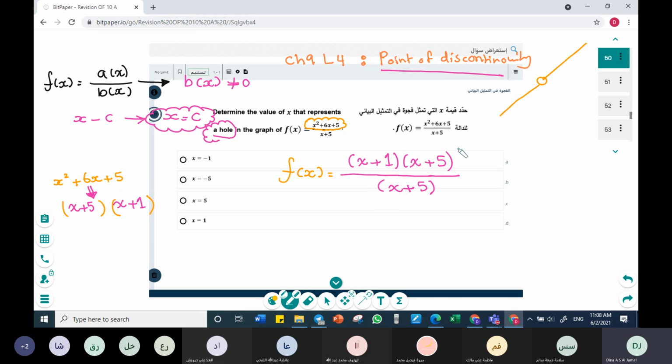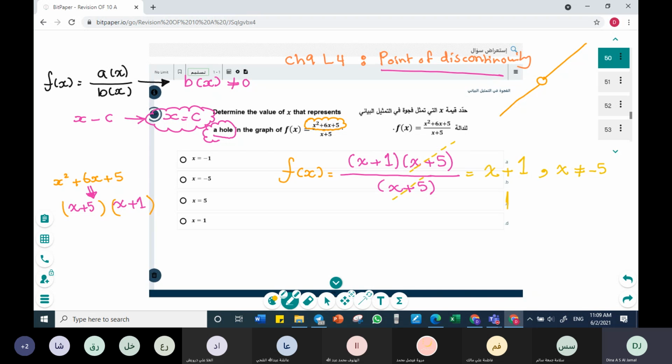Whenever you have a factor that you can cancel, it will show as a hole in your graph. So here I have these similar factors, so I can graph my function as x plus 1, but I need to exclude x equals minus 5.